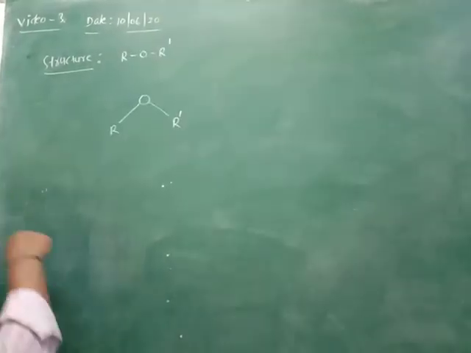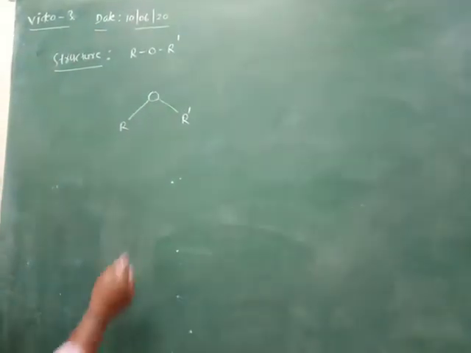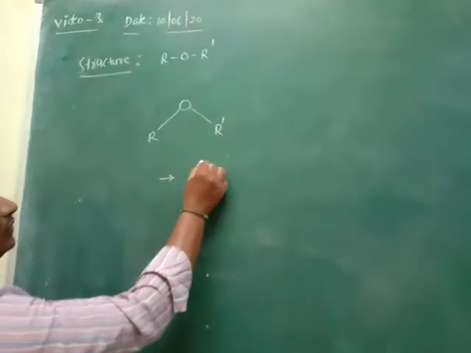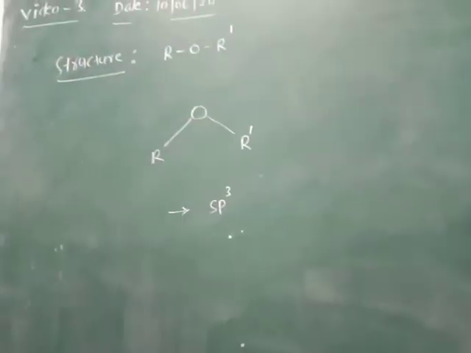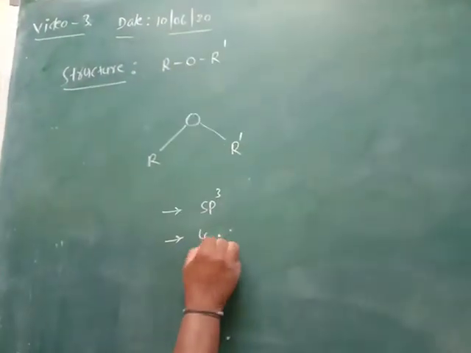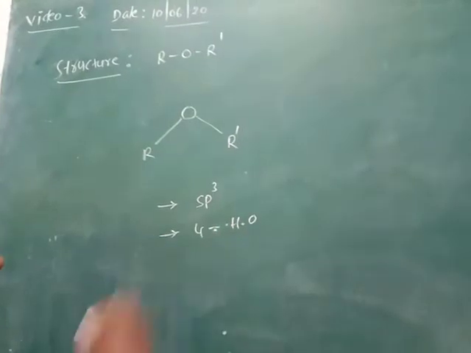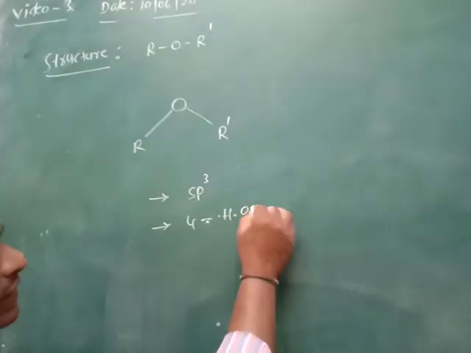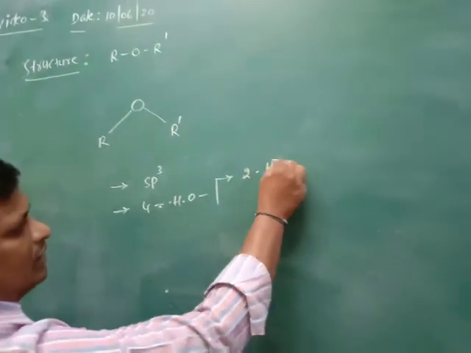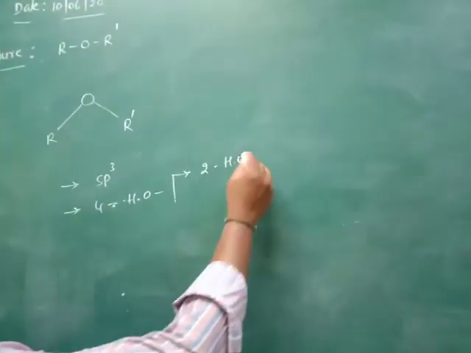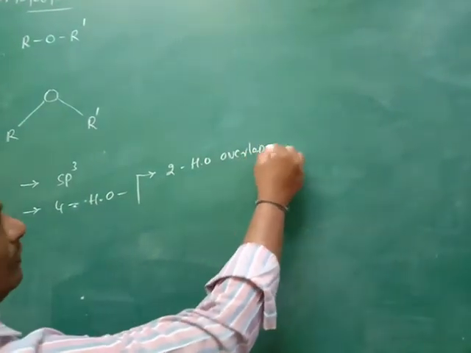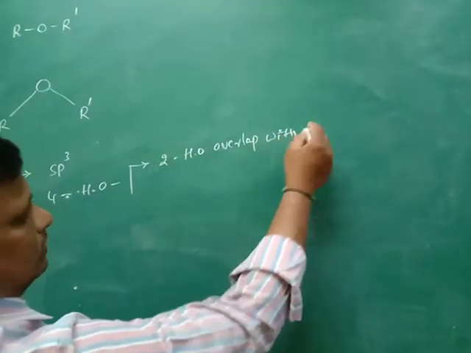Now the central atom, oxygen, is involved in sp3 hybridization. So oxygen has 4 hybrid orbitals. Of these 4 hybrid orbitals, 2 hybrid orbitals overlap with alkyl groups.